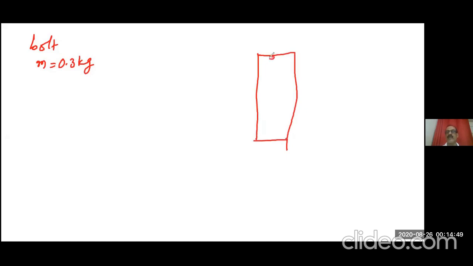A bolt of mass 0.3 kilogram falls from the ceiling of an elevator moving down with a uniform speed of 7 meters per second.